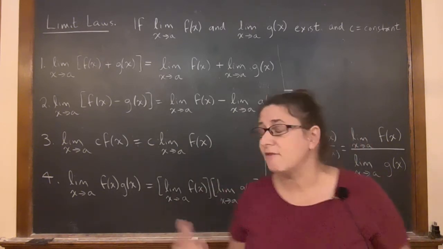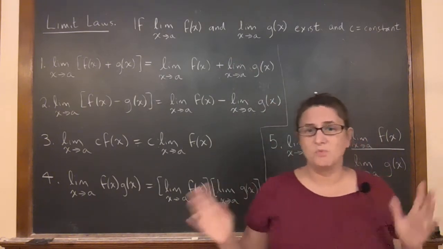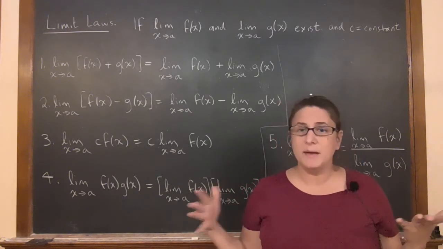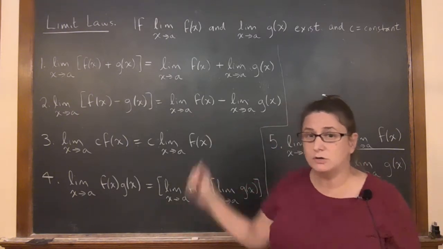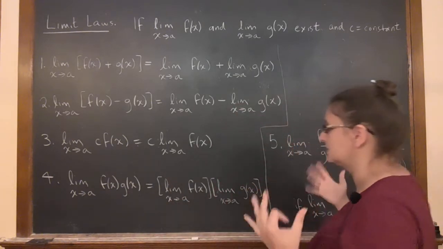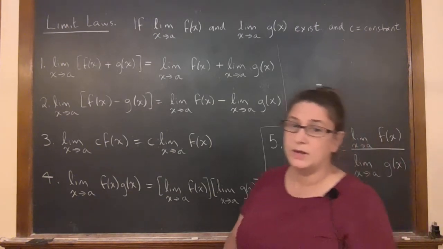So if one of these is going off to infinity, or it's got some weird oscillation going on or something, then all bets are off. We can't use these, but we would just say, all right, the limit doesn't exist. But once the limit does exist, we can use these.